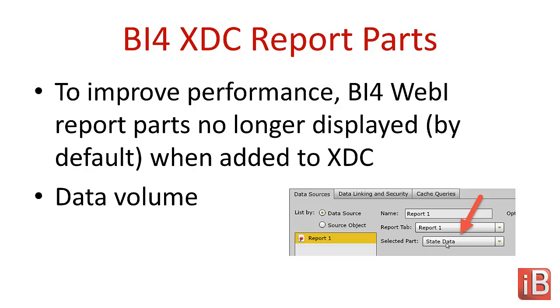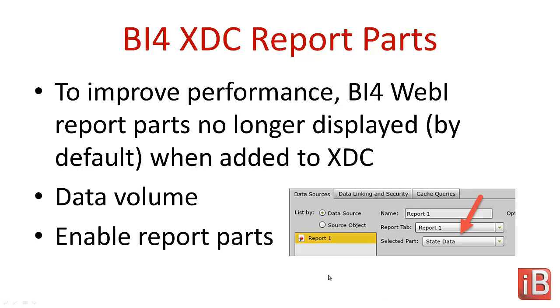And now the problem with report parts when building XDCs is that the process of obtaining that part when the data set is very large can sometimes take up to minutes to resolve. So to resolve that problem, we've now defaulted to the part name for selecting the part from the report.